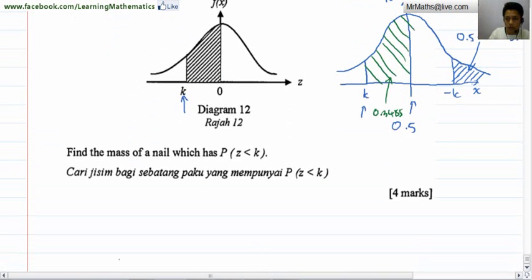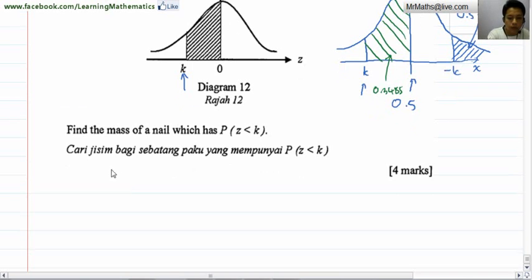So the probability that Z falls in between k and 0 is 0.3485. We need to find first the probability of when Z is greater than minus k.